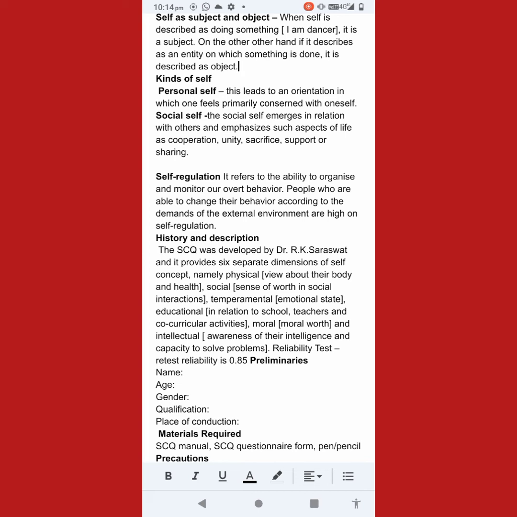The reliability of this test was calculated using the test retest method. Children, for this calculation of reliability, you don't need to worry. You will be studying at your graduation level how we calculate test retest reliability.